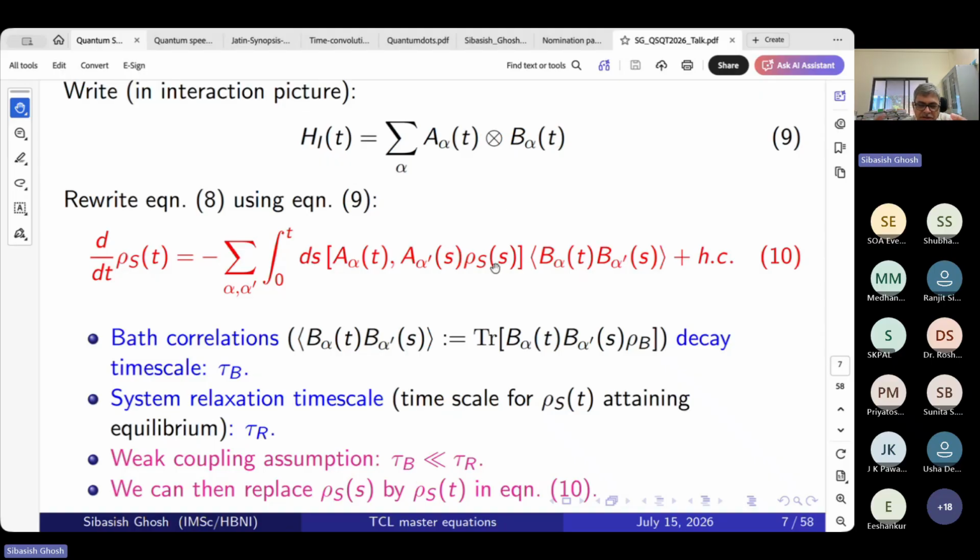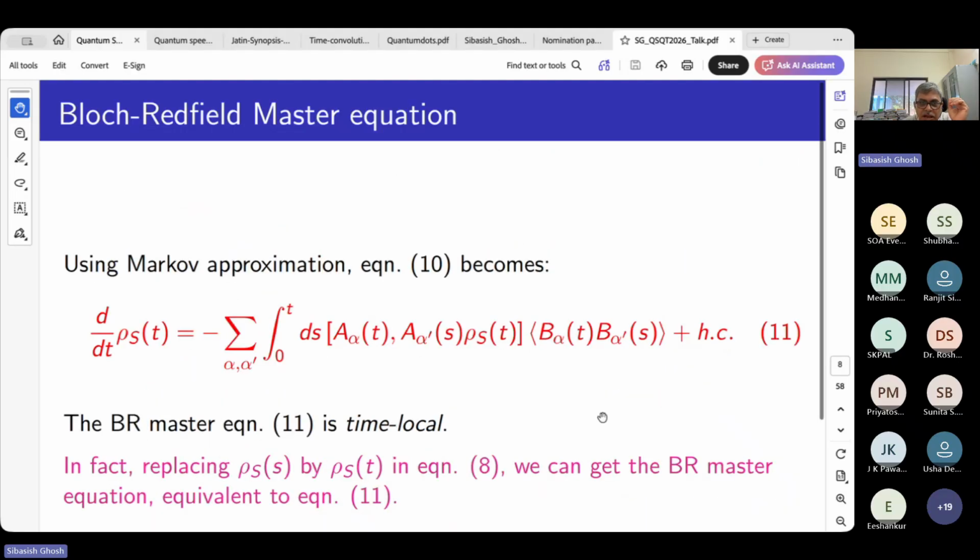Basically we assume there is no back action from the environment to the system because of the system-bath interaction. Although the bath correlation changes and decays very fast, the system does not evolve at that pace.